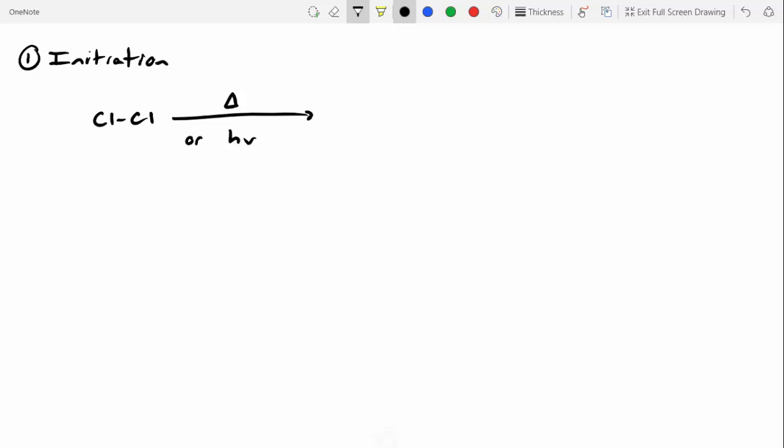That's the symbol for UV light. Some people will write UV, but mostly in the Klein textbook you'll see it written this way. Yep, it's a Greek symbol. It's not a normal V. So in this case, we homolytically cleave our chlorine, and we'll form 2 new chlorine radicals. So this is our initiation.